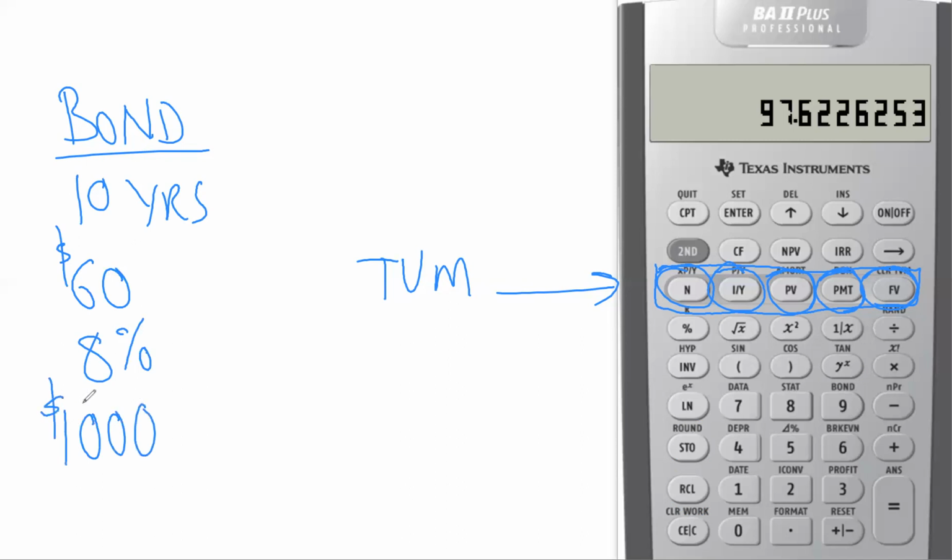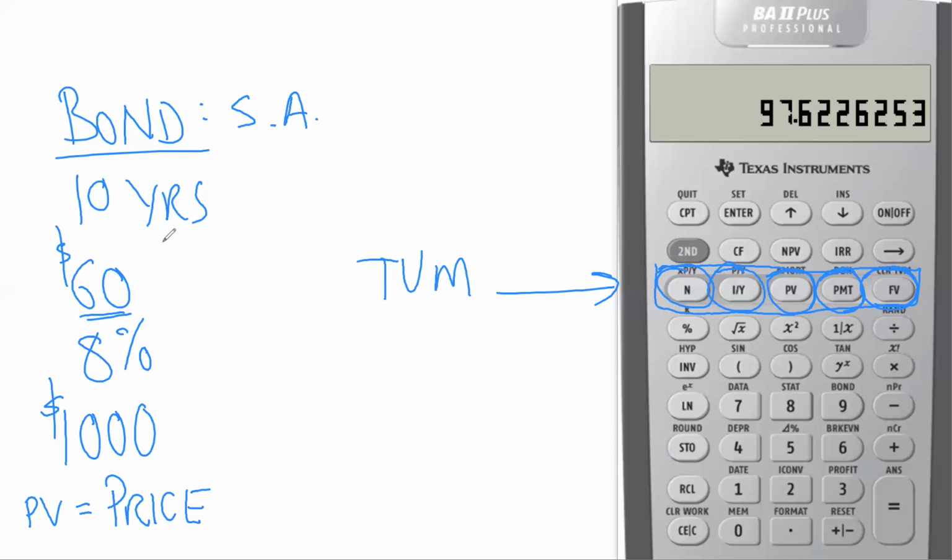So with all of this information, we're going to use these time value of money buttons to be able to come up with the price of this bond. The price, or this is also referred to as the present value of the cash flows. So one other piece of information, bonds generally pay their coupons on a semi-annual basis, SA.